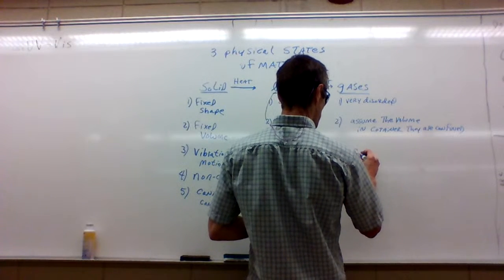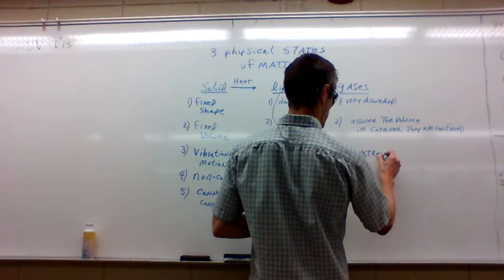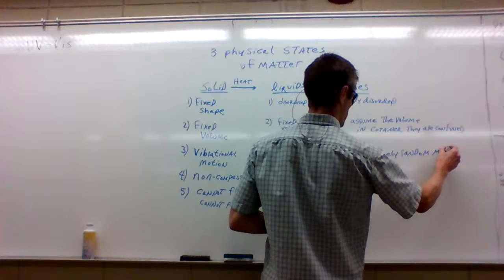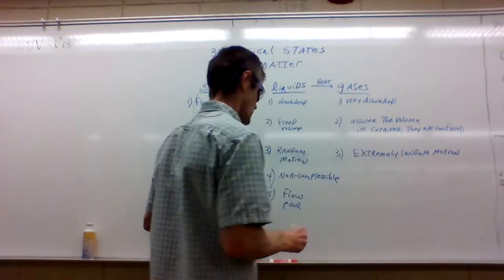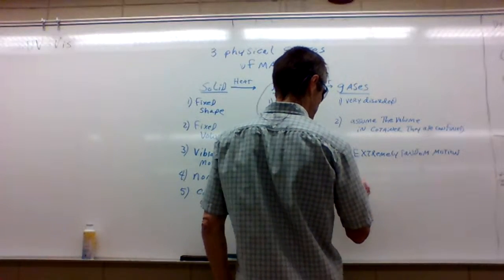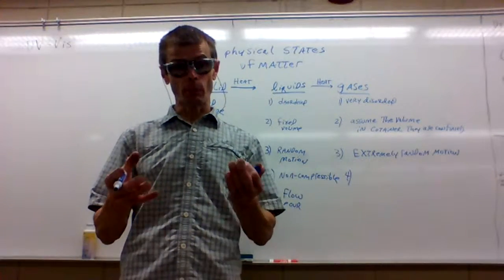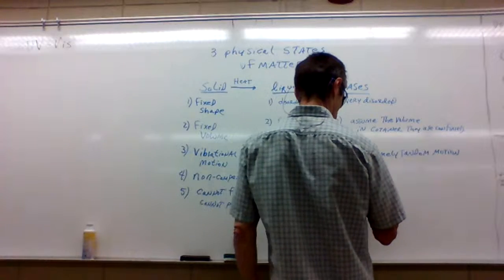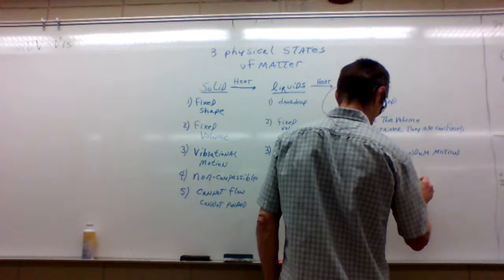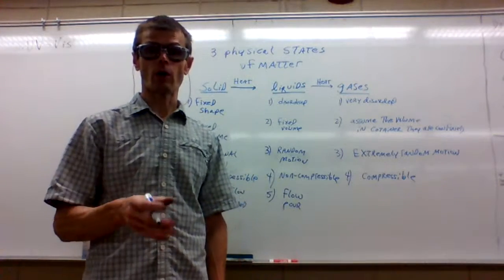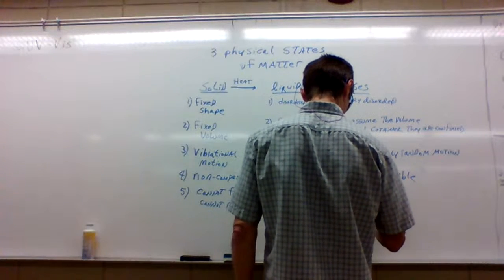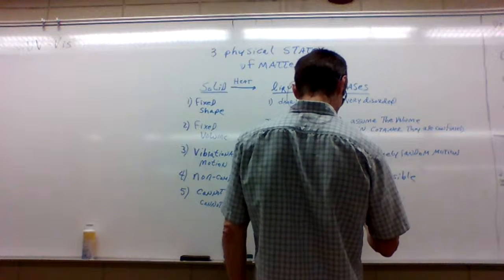We'll say extremely random motion. Gases are compressible. If we apply pressure to a gas, there's going to be a really big change in their volume. Gases flow, but cannot be poured.